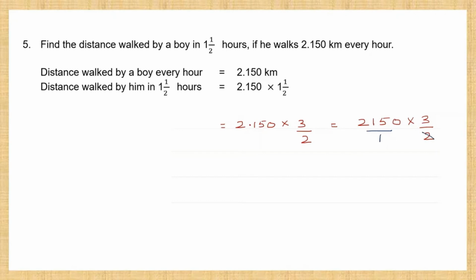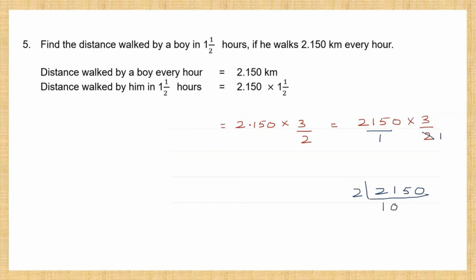Divide both by 2. 2 ones are 2. Now I need to divide 2150 also by 2. So let's do that division here for you to understand it better. So 2150, I'm going to divide it by 2, short division. 2 ones are 2. Next number is 1, which is smaller.